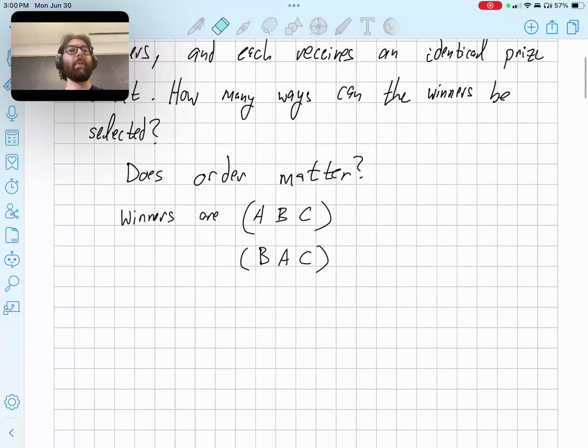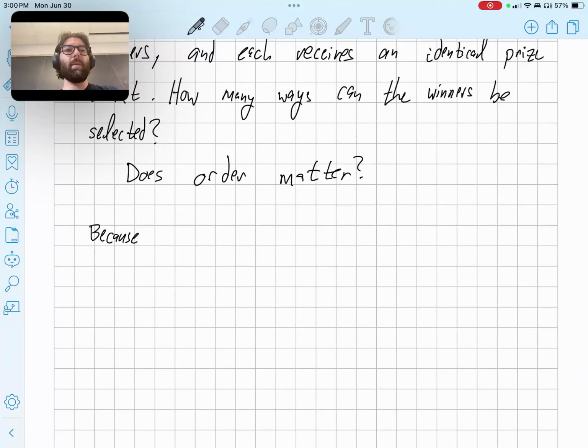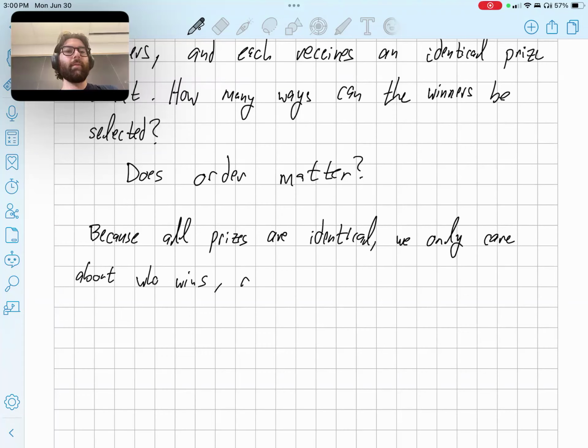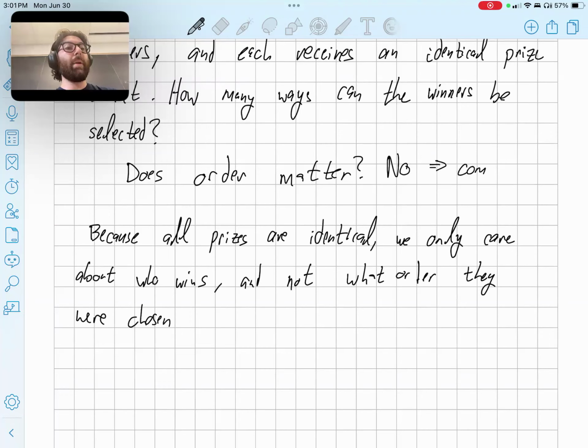And so because all prizes are identical, we only care about who wins and not what order they were chosen. And because we don't care about the order, the answer is no, it doesn't matter. And that means we want to use a combination.